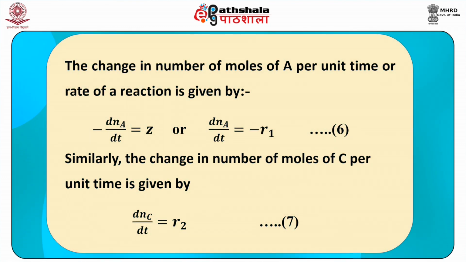The change in number of moles of A per unit time, or rate of reaction, is given by dNA by dt equals minus R1. Similarly, the change in number of moles of C per unit time is given by dNc by dt equals R2.